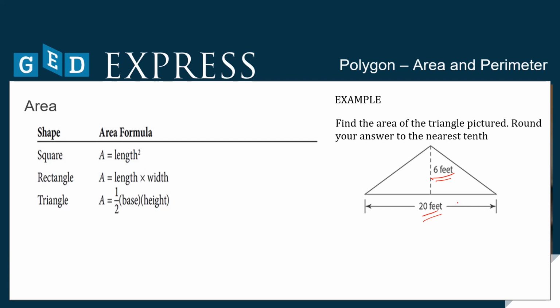Therefore, the area can be solved by multiplying the base and the height and 1/2. So area is equal to 1/2 times base 20 times 6. The answer is 60 feet squared.